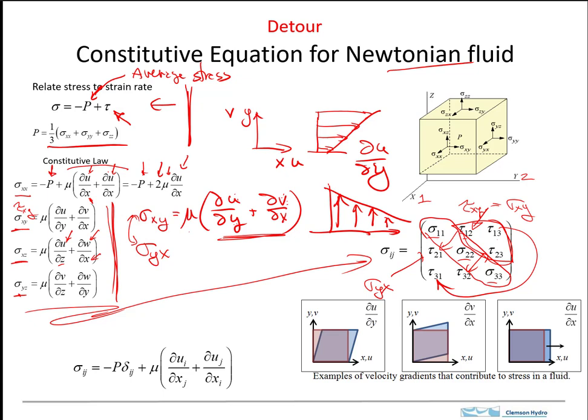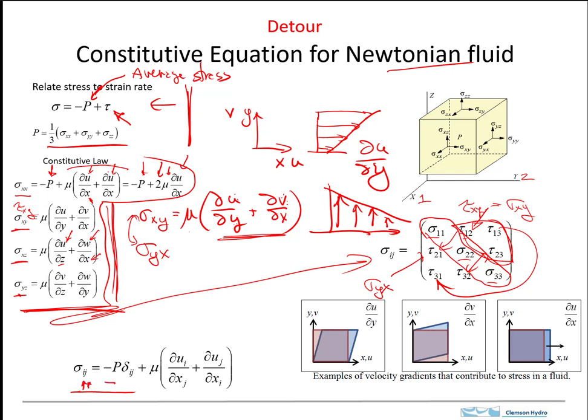That's how we're going to describe stresses in terms of velocity gradients. We can then take this stuff that we wrote out here and write it in a more compact form like this, where we've got sigma ij with these indices.